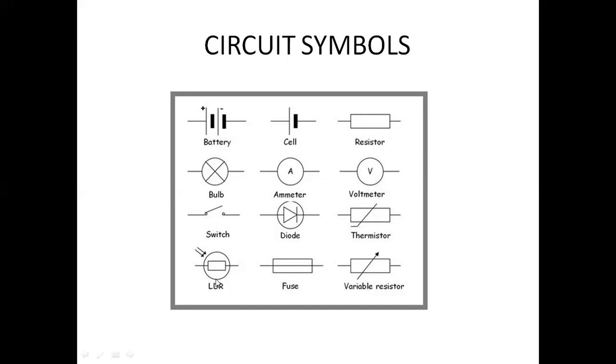In one of the previous videos, the one related to electrical resistance, you learned about the thermistor and LDR. Fuse, this is discussed in one of the previous videos, on mains electricity. It is a safety measure, and this is the variable resistor, which we will use in our later lectures.